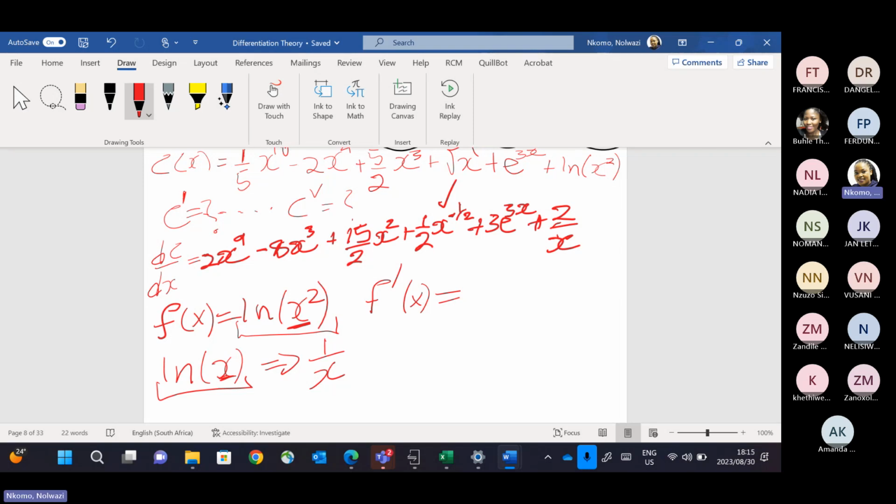Meaning we have an inside function and an outside function, right? Remember, if we have something like this, you let the inner function be u and the outer function be v.